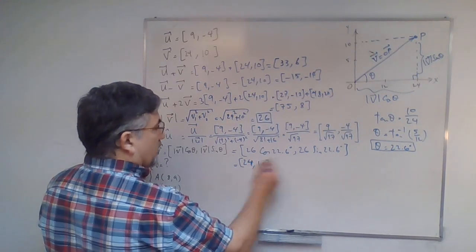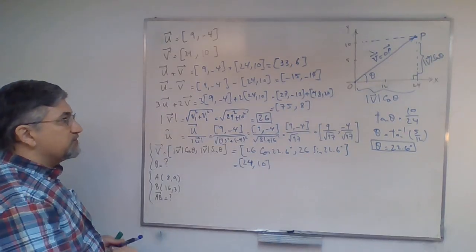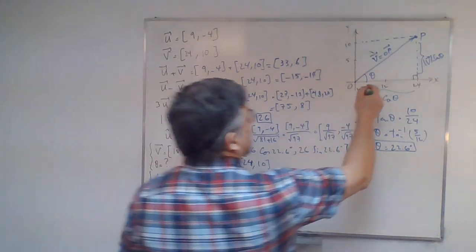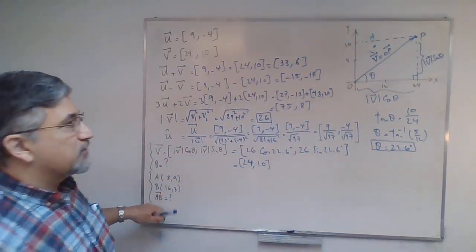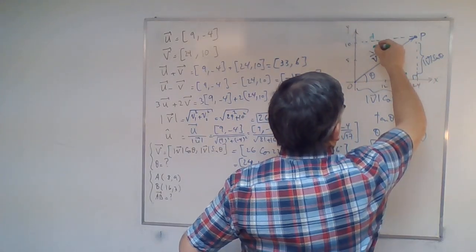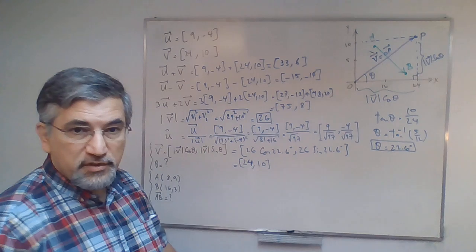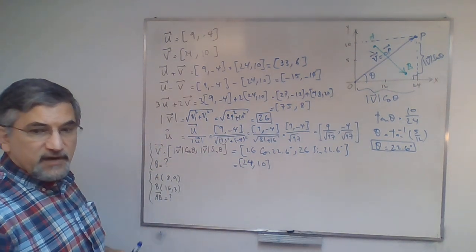It is working. Another exercise: we have 2 points A and B. Coordinates are 8, 9, so 8 and 9 will be here, and 16, 3, so 16 and 3 is here. So a vector like this, that's vector AB, and it says find this vector.